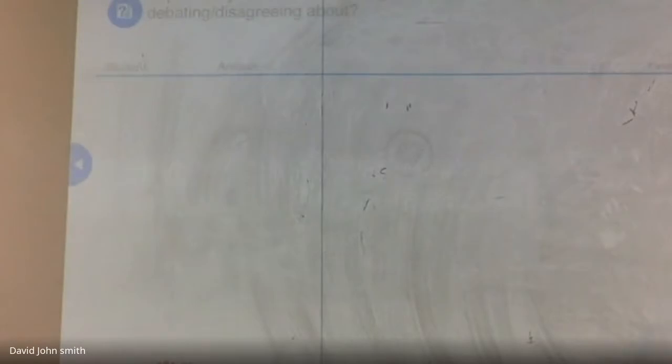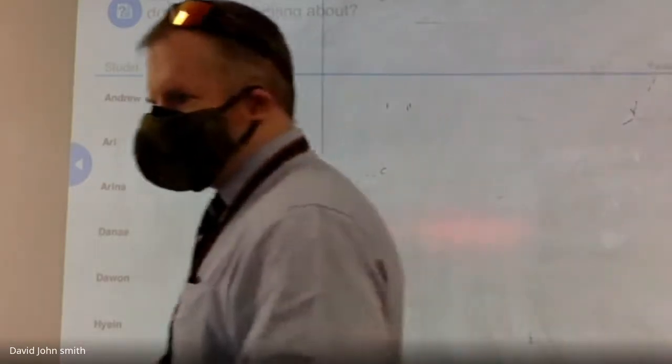Now, why do you think there is a disagreement about aggregate supply? What do you think they're going to disagree about? Have a think about what we've said. Classical theory says the economy in the long run always returns to full employment.